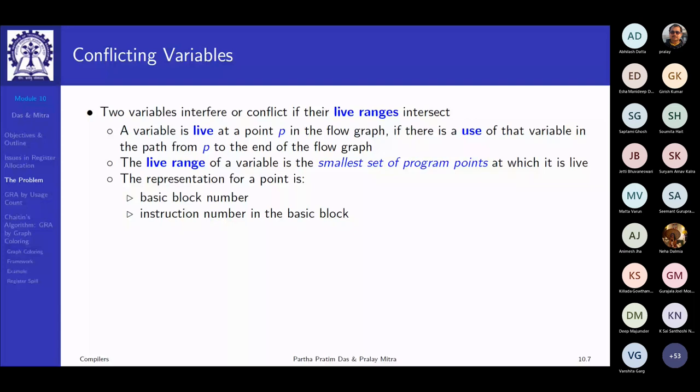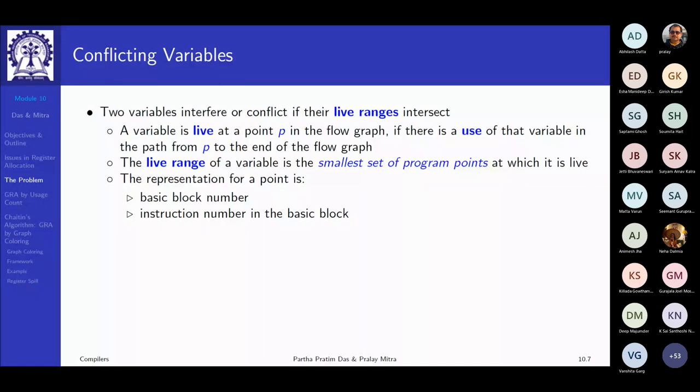On some path somewhere, there's a use of this variable without being redefined. So the variable is live, and live range is the smallest set of program points in which it is live. Smallest because we want to have the minimum amount of constraints.